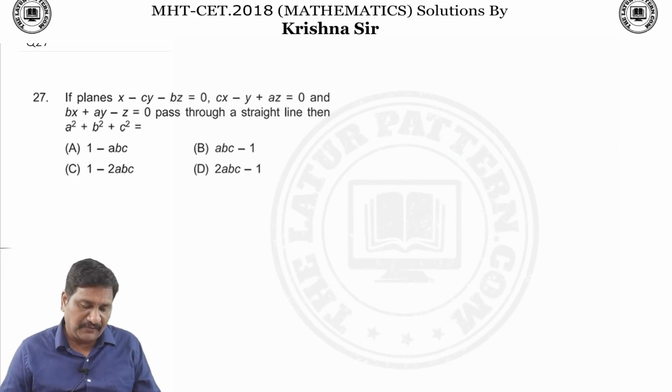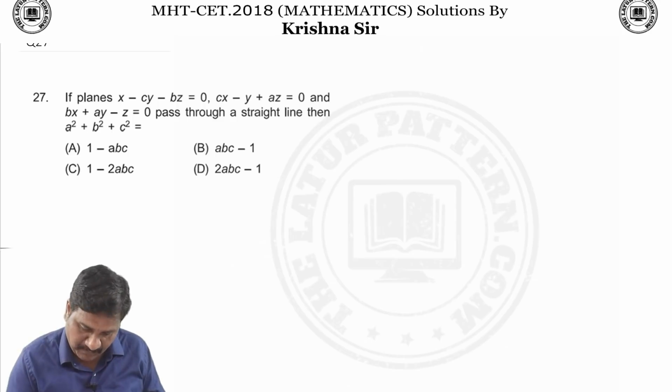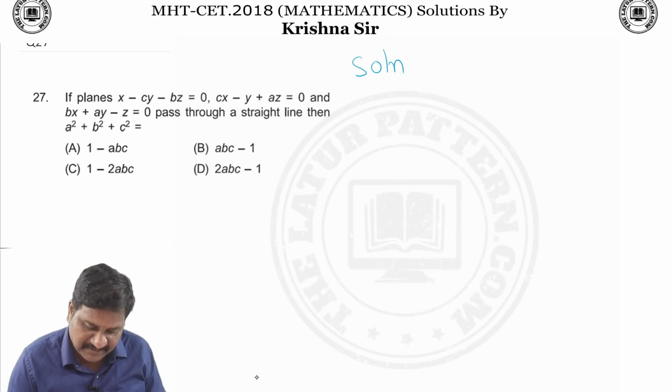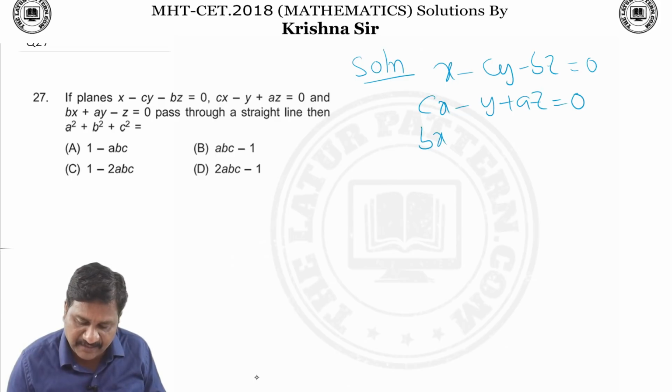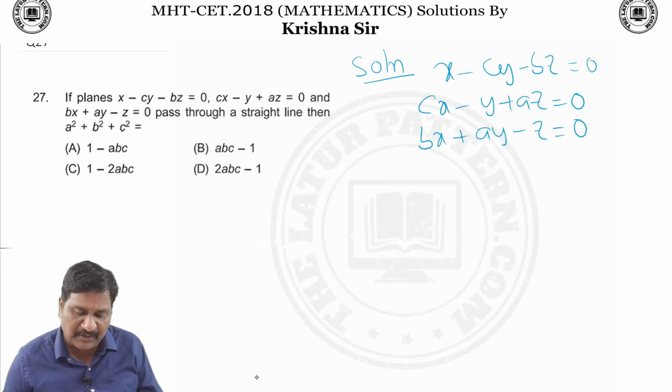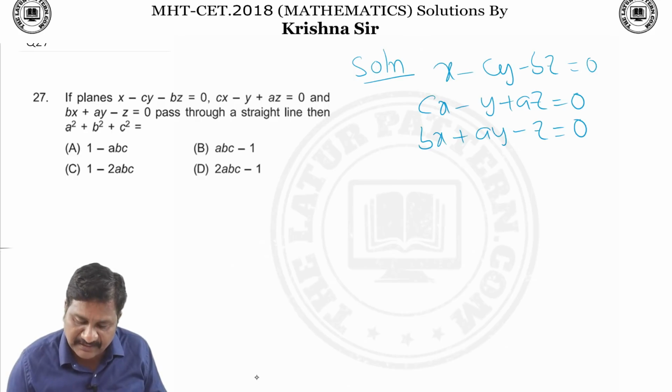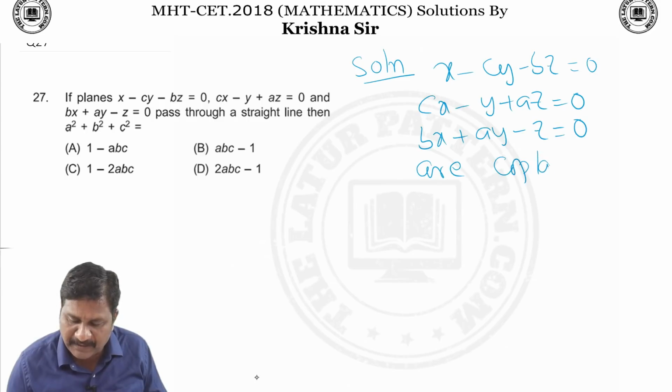Now the solution of question number 27. Given that the planes x minus cy minus bz is equal to 0, cx minus y plus az is equal to 0, and bx plus ay minus z is equal to 0 pass through a straight line. These three planes pass through a line, so they are coplanar.